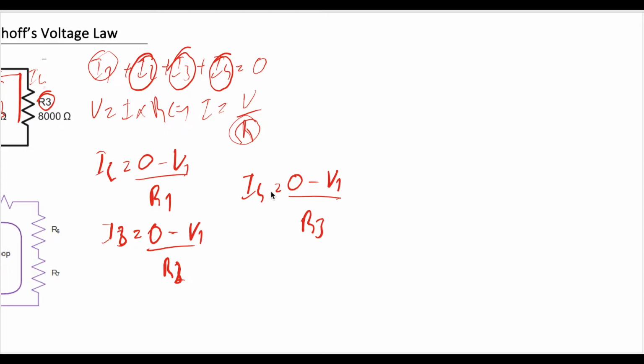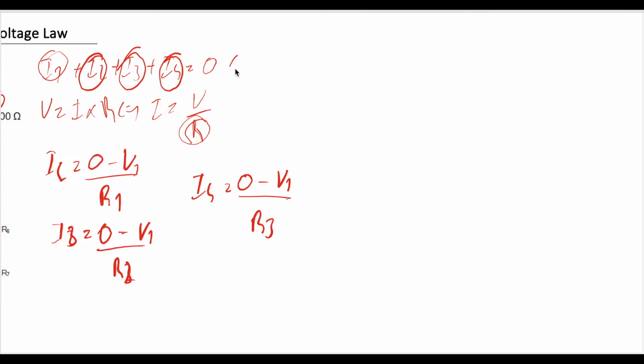So let's put these expressions over here. Let me just simplify this. Note that I1 is equal to minus I2 minus I3 minus I4. It's the same, but because we don't know I1, we can calculate it directly.